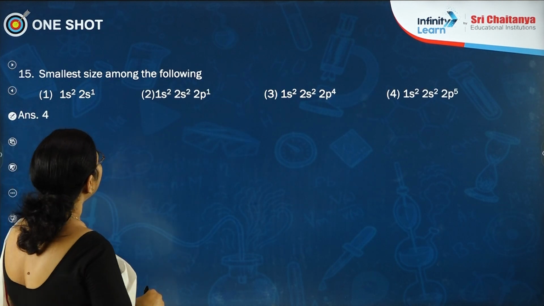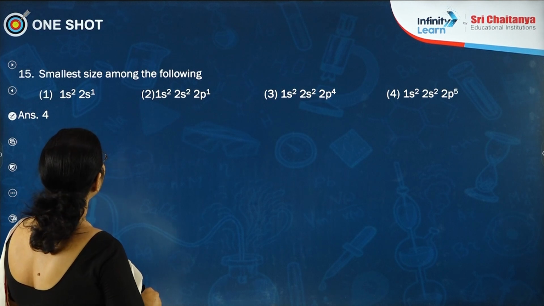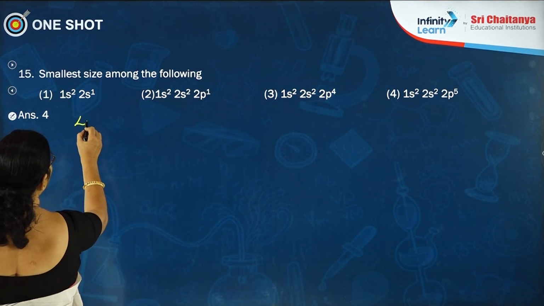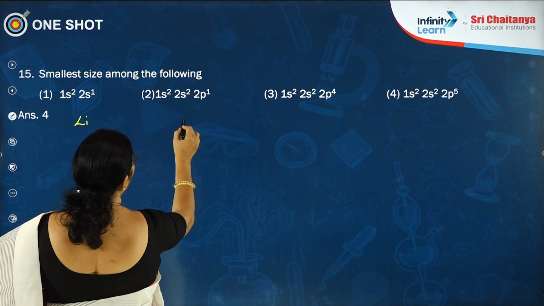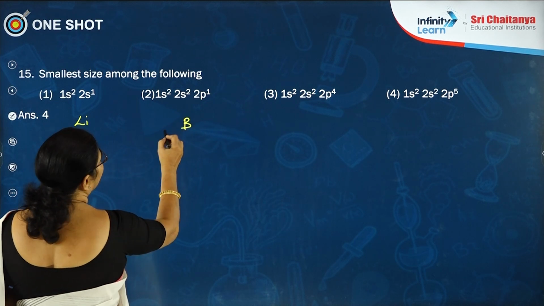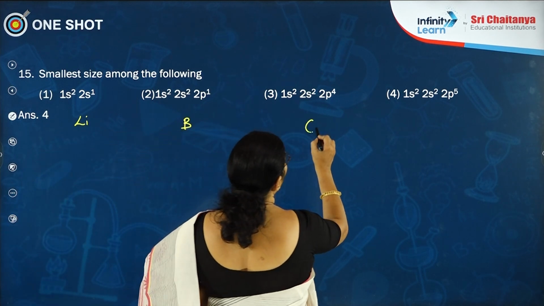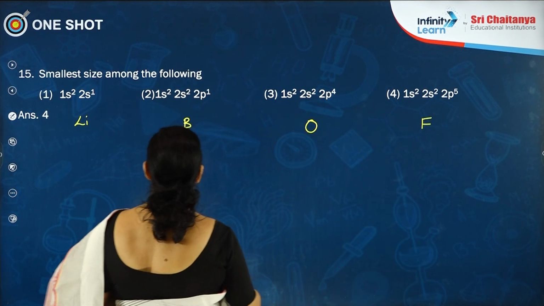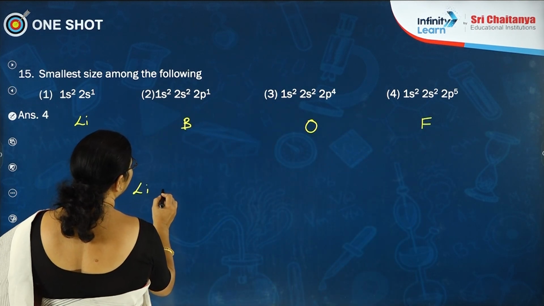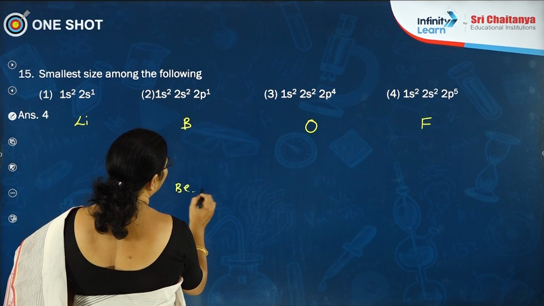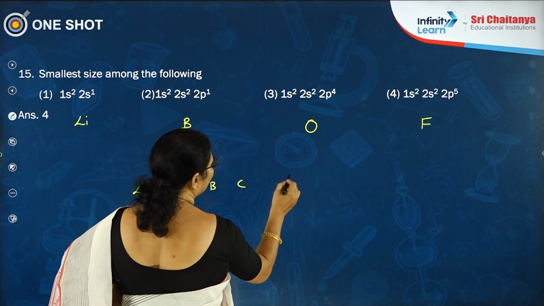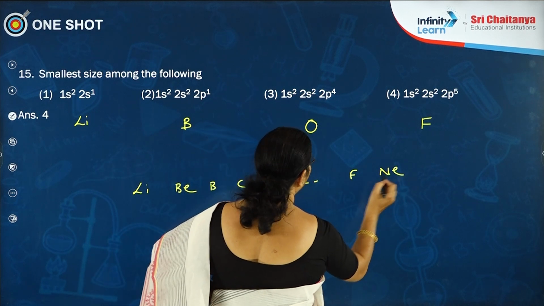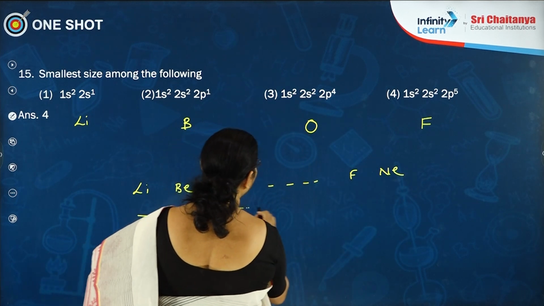The smallest size among the following. Smallest size among the following means you just take out the element: this is lithium, this is boron with 5 electrons, 8 electrons oxygen, 9 electrons fluorine. As we move across a period from lithium, beryllium, boron, carbon to fluorine, neon, atomic radius decreases from lithium to fluorine.